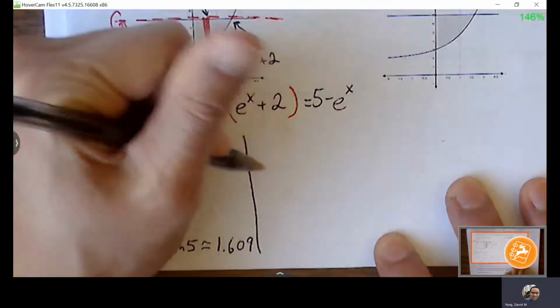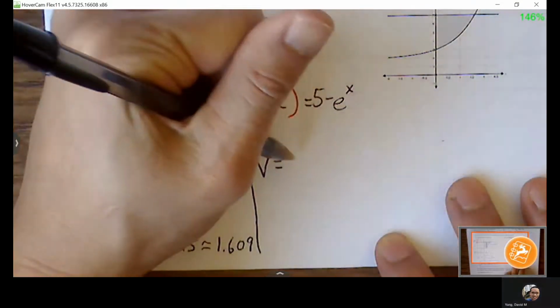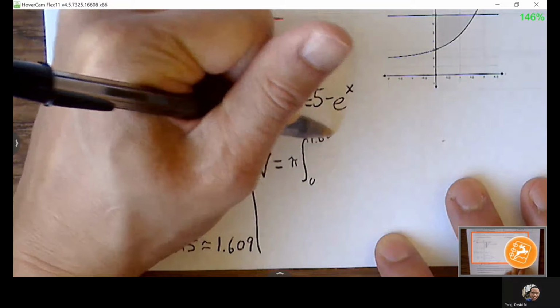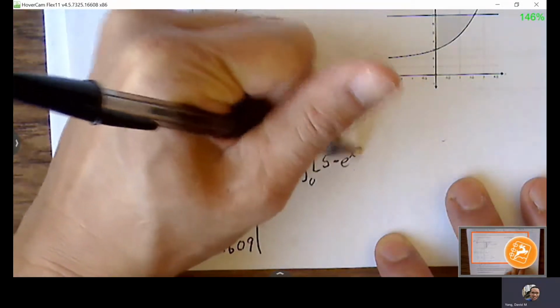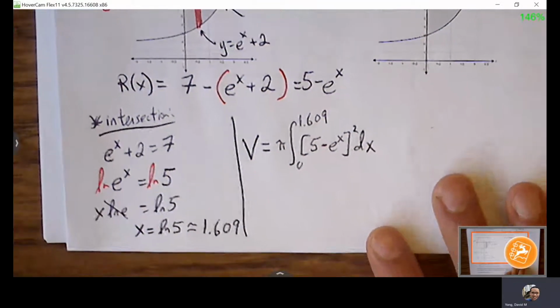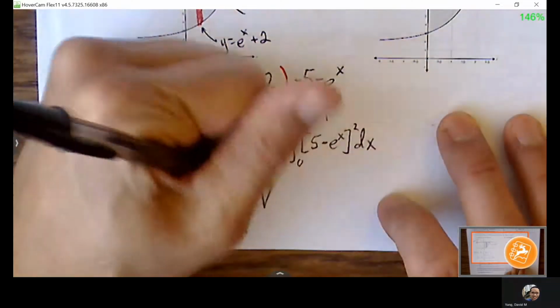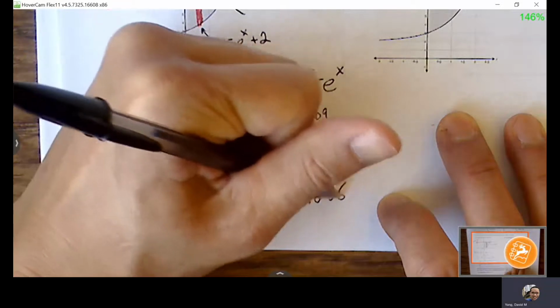Now we're ready to build our volume equation. Practice entering this into your calculator. Leave pi out of your calculator and then just put it next to your answer.